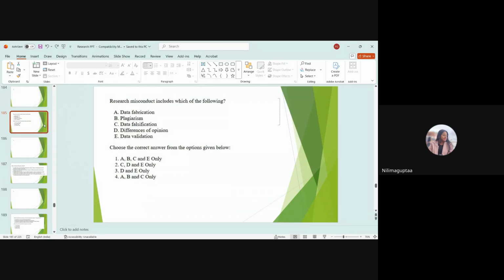Next question we have, again about the research itself, on the topic of plagiarism. So research misconduct includes which of the following things? Is it data fabrication, plagiarism, data falsification, difference of opinion, or data validation?